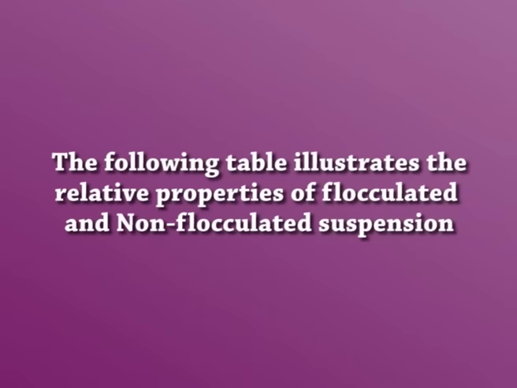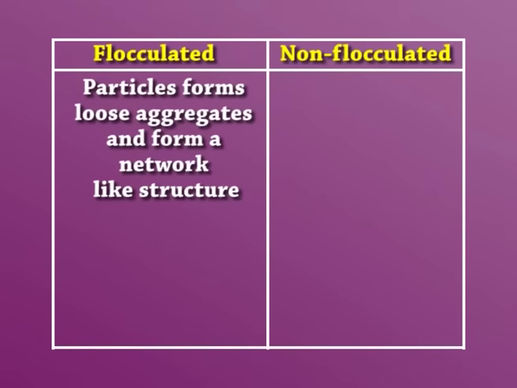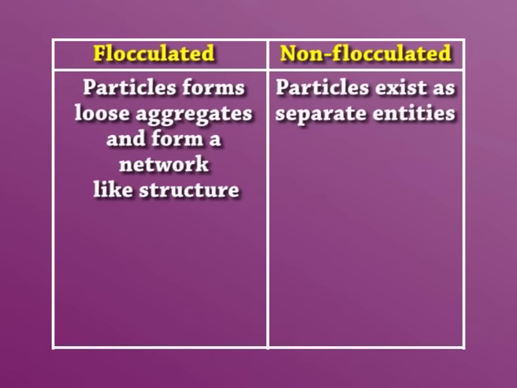The difference between flocculated and deflocculated is very well illustrated in the table. Let us move towards the difference between flocculated and deflocculated suspension. The first point: particles form loose aggregates and a network-like structure in the case of flocculated, while in deflocculated, particles exist as separate entities.